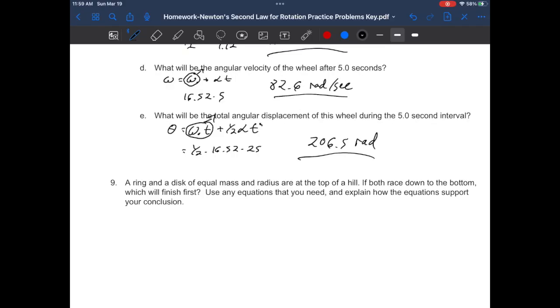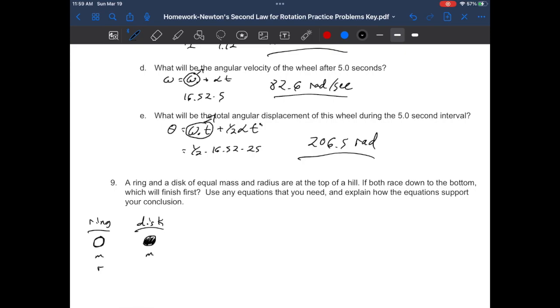A ring and a disk of equal mass and radius are on the top of a hill. If both race down to the bottom, which will finish first? Use any equations that you need and explain how the equations support your conclusion. So I've got a ring on the left and then a disk, so I've got a visual representation. They said they're the same mass, so each one has a mass of m.